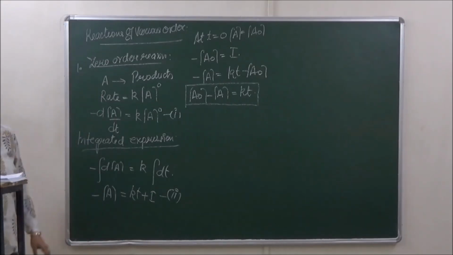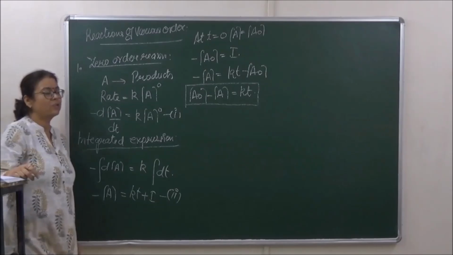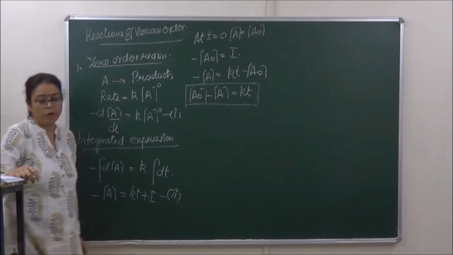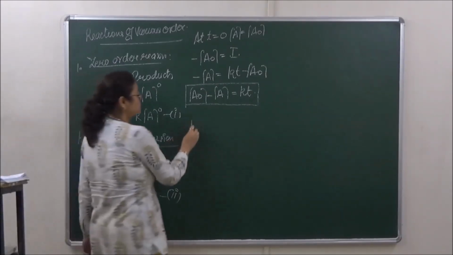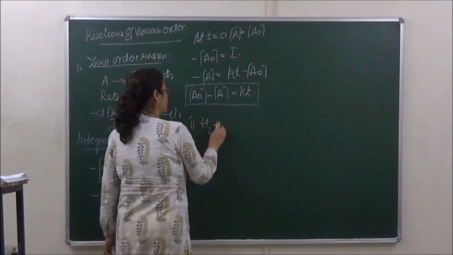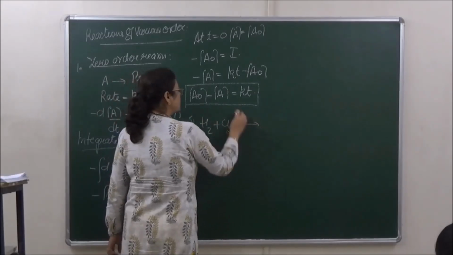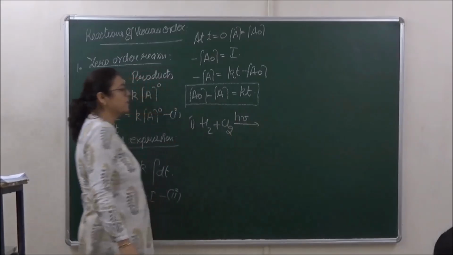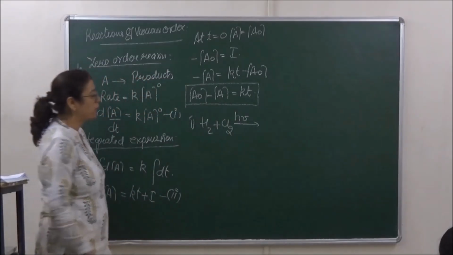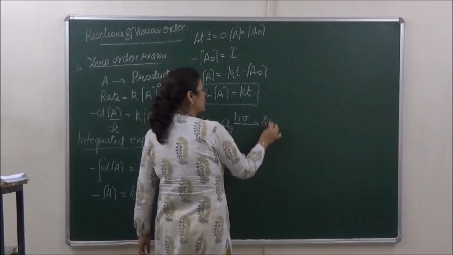So this is the integrated rate law expression for zero order reaction. Right? So if we are talking of zero order reaction, there are certain photochemical reactions which behave as zero order. For example, combination of H2 and Cl2 in presence of h nu to give 2HCl.